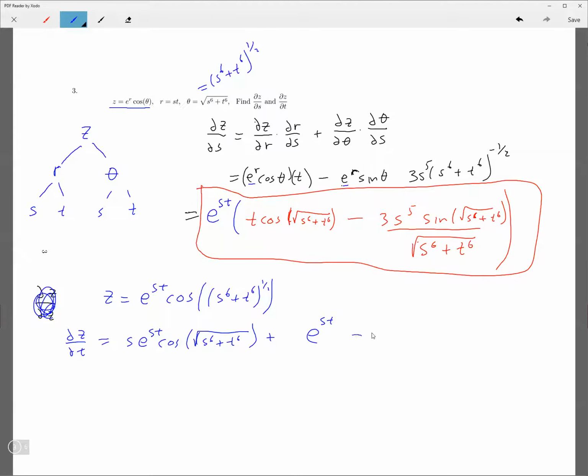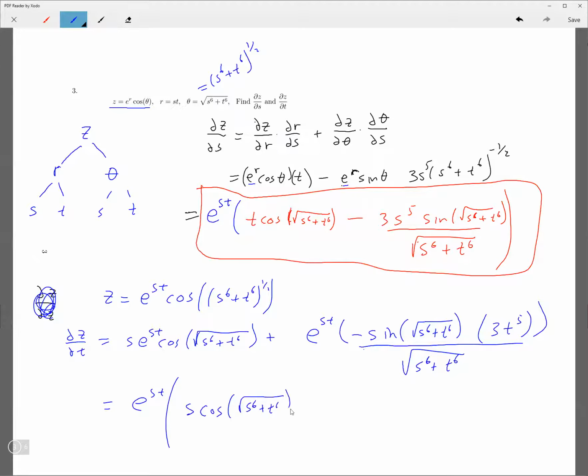You could factor e to the st out, and you end up with s cosine of the square root of s to the 6 plus t to the 6, and then minus 3 t to the 5th sine of the square root of s to the 6 plus t to the 6, all over the square root of s to the 6 plus t to the 6.